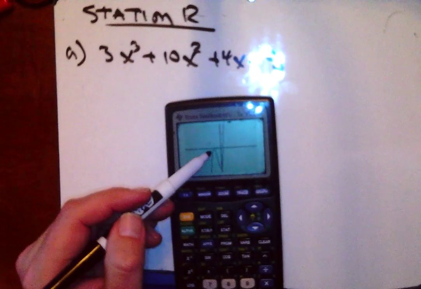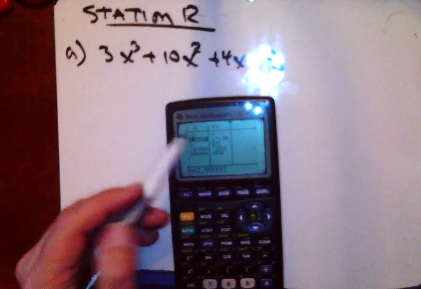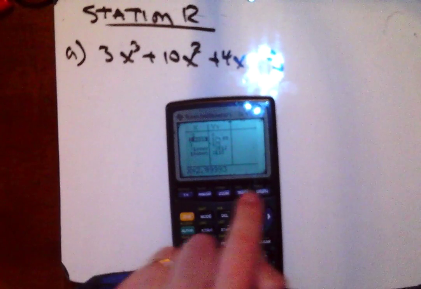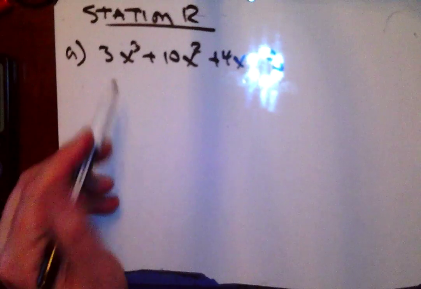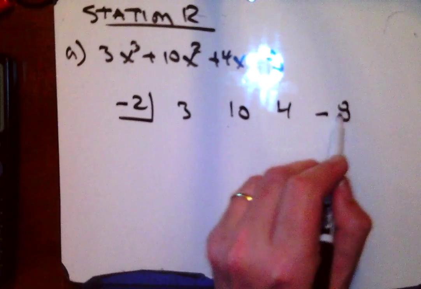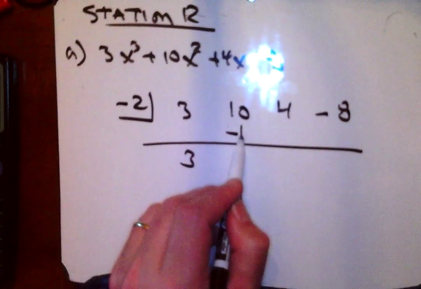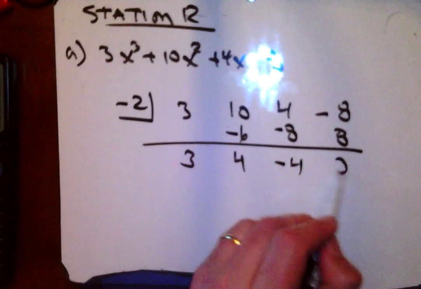Ooh, a bounce. Is that at -2? Let's see. I'll plug in a -2. I get a 0. Yes. And a bounce means I've got a double root there. So -2, 3, 10, 4, -8, -6, 4, -8, -4, 8, 0.